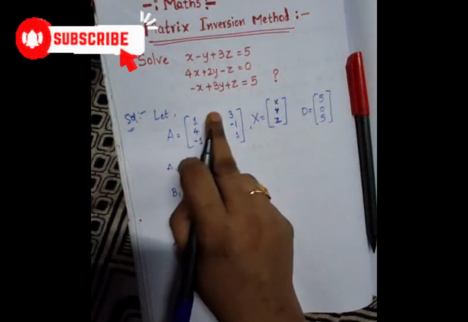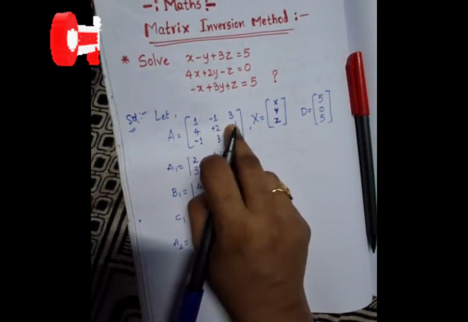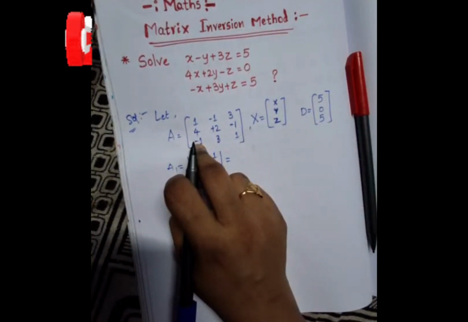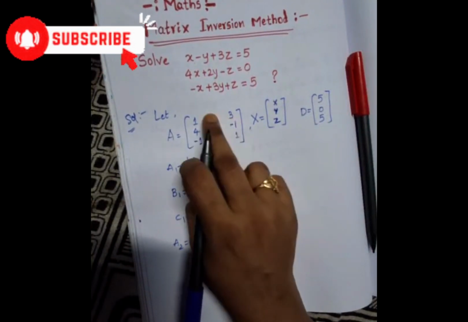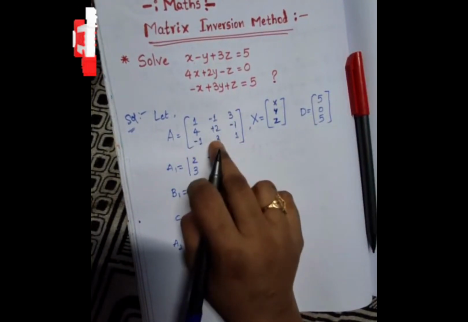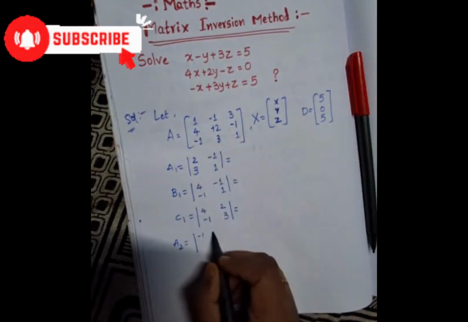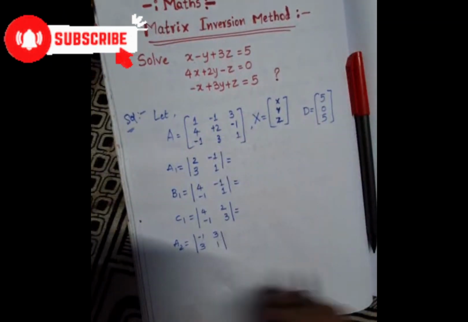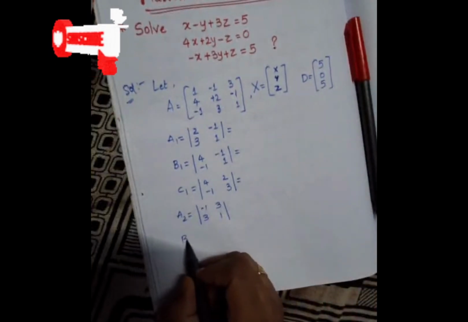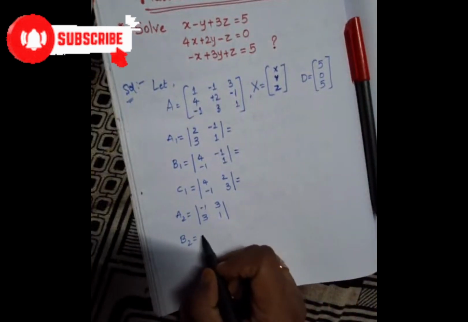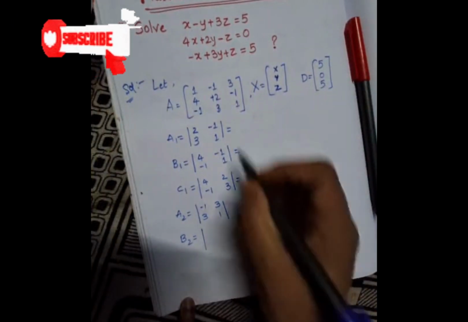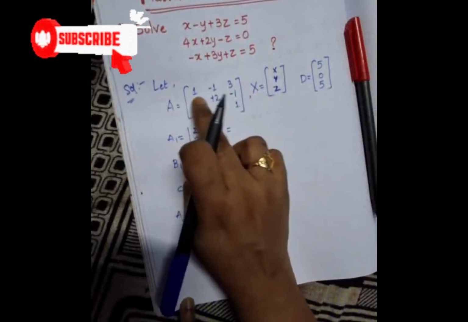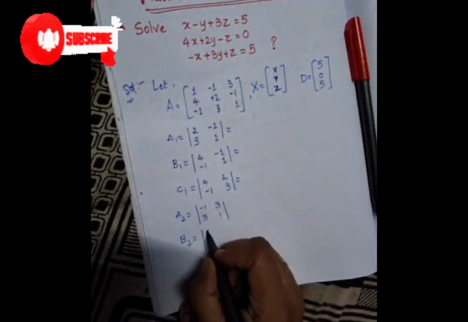Now a2 is in the second row: a2, b2, c2. a2 means hide this column and this row and write the remaining terms: minus 1 3, 3 1. This one is a2. b2 means hide the second column and second row and write 1 3, minus 1 1.